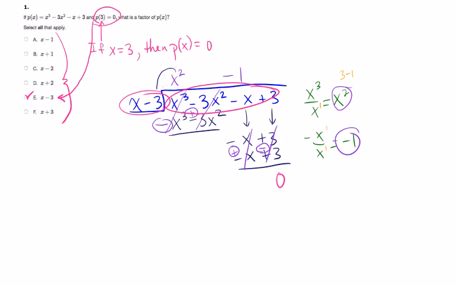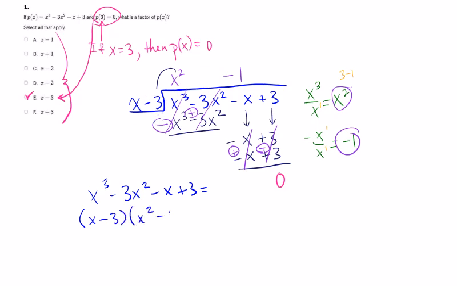Okay, so basically, and it's kind of factoring in a way, so we just basically took the original of this, right? So x cubed minus 3x squared minus x plus 3 equals x minus 3, which is this, times x squared minus 1, which is this, right? Alright, and remember, we're not done.